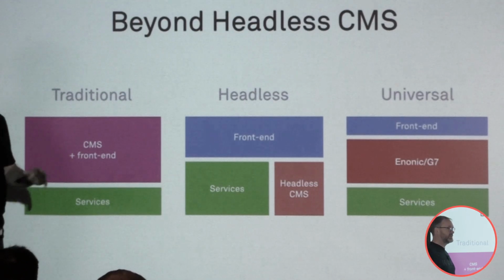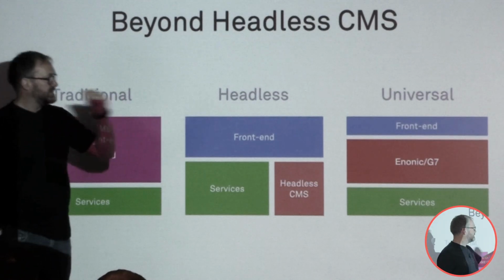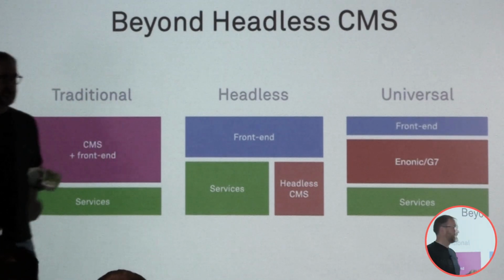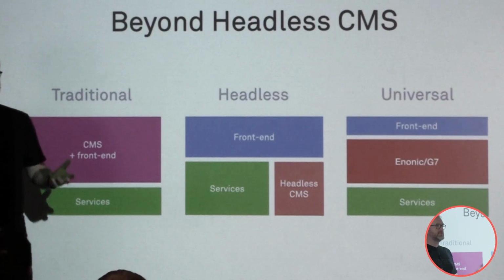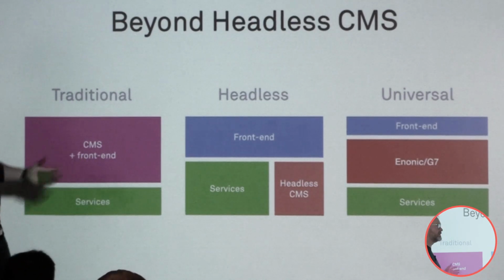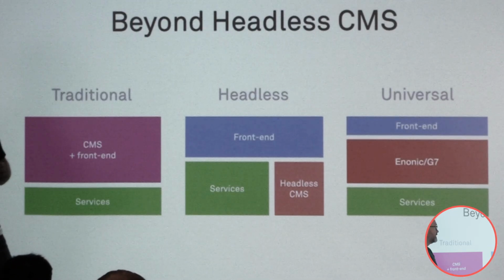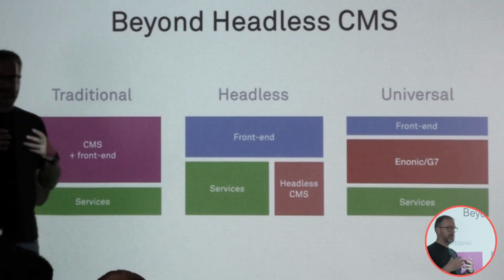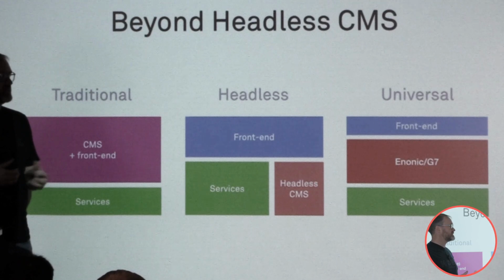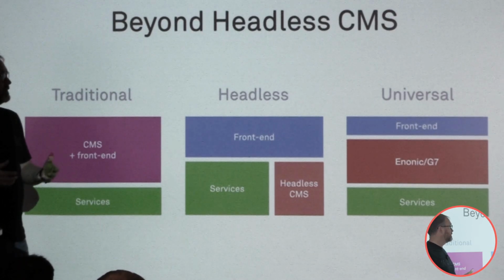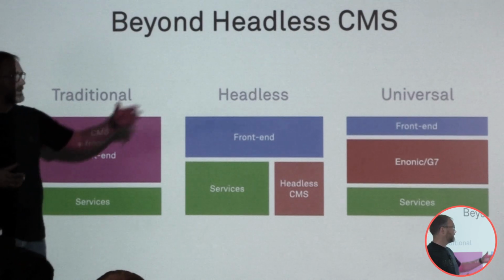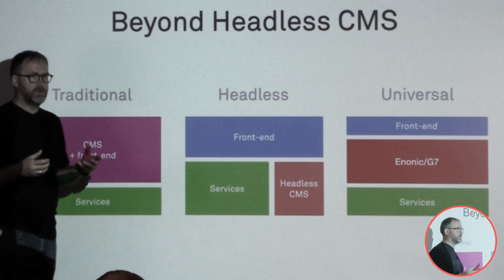So what is the next iteration? I'm basically calling it Universal CMS here. And the idea is that it's the best of the headless world and the best of the traditional, where you get the functionality and the experience that editors like with the visual editing and these capabilities. But you also get the ability to choose your own front-end framework.